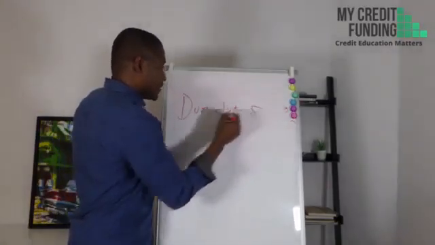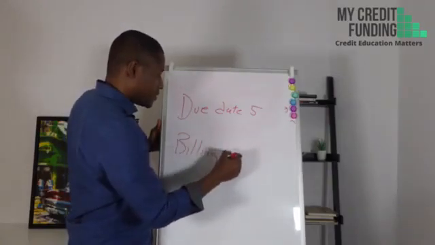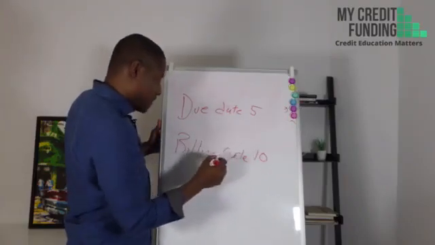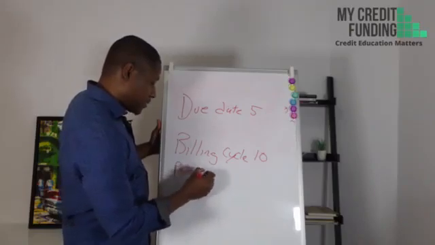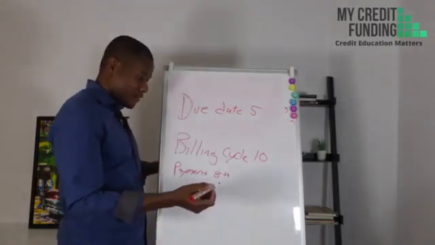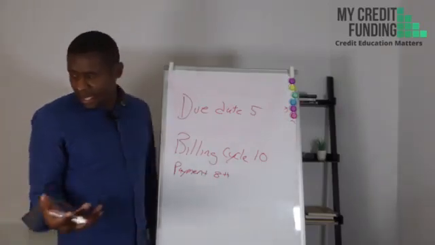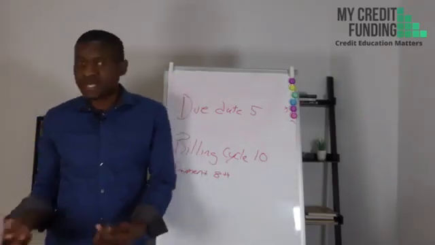If your due date is on the 5th and your billing cycle is on the 10th, and then you make the payment, let's say on the 8th. Well, let's use this month for example. Today is, I think, December 9th.